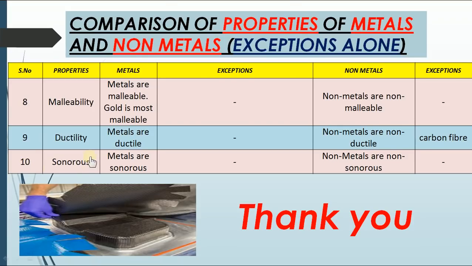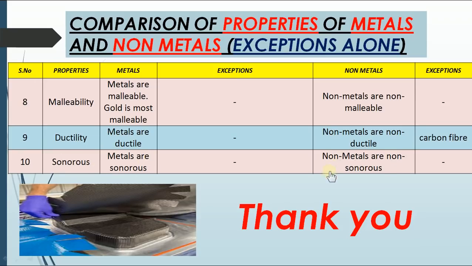This property makes objects like bells and gongs create sound. You could even see it in temples. So this is a very important property of metal. The sonorous property of metal makes things like bells. Remember.